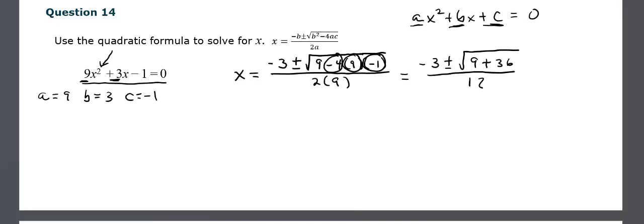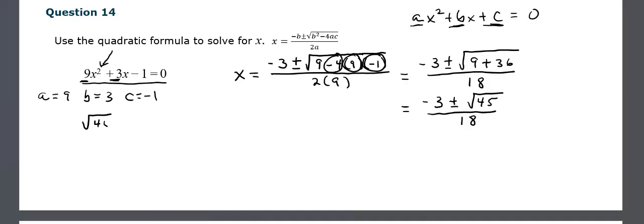And that's all over 18. So combining like terms, I have negative 3 plus or minus the square root of 45 over 18.